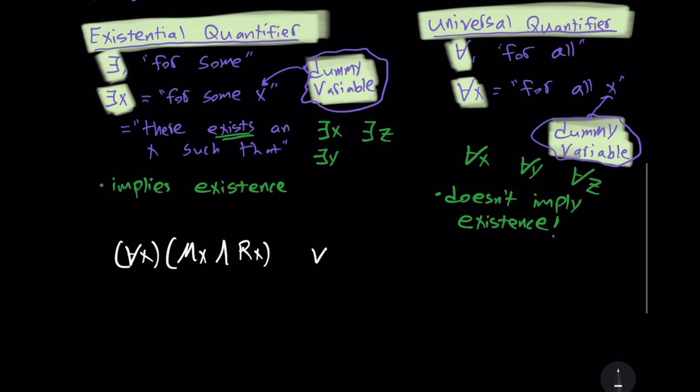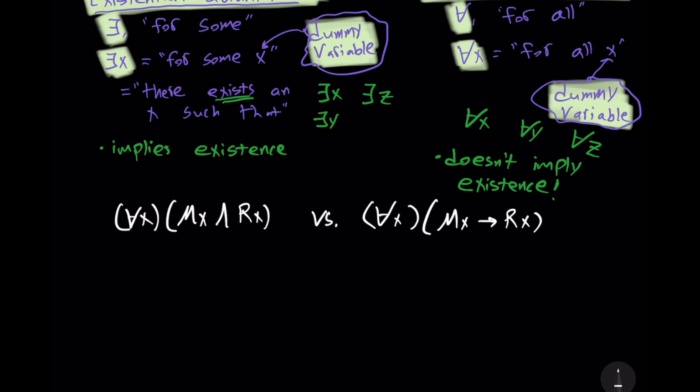And we're going to compare that to for all x, Mx arrow Rx. So this right here says that for all x, x is both M and R. So everything is both an M and an R. And this here says that only if x is an M, then it is an R. So they say quite different things.